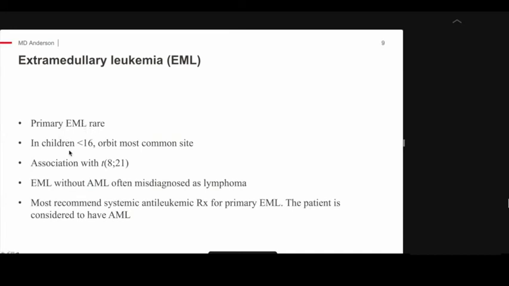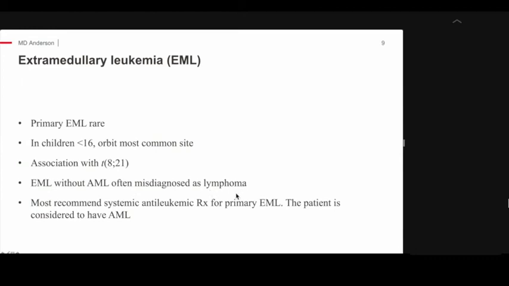It happens usually in children younger than 16 years, but it can also happen in young adults, as in our case. And the orbit is the most common site of involvement when it happens. It is associated with the translocation A21, and the extramedullary leukemia without acute myeloid leukemia can often be misdiagnosed as lymphoma.